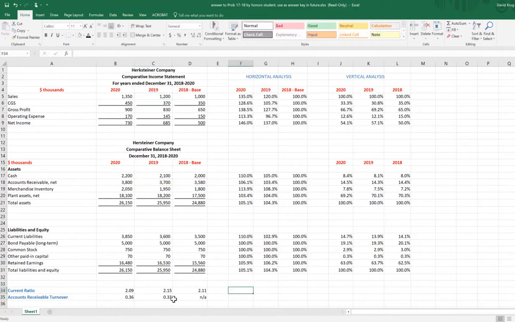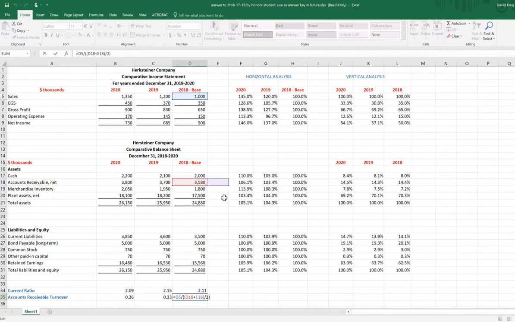Okay. Now, if I pull this over, it's going to give me an answer that I can tell is wrong, because look what it's trying to do. I don't have 2017 accounts receivable. So I would have to do one of two things.